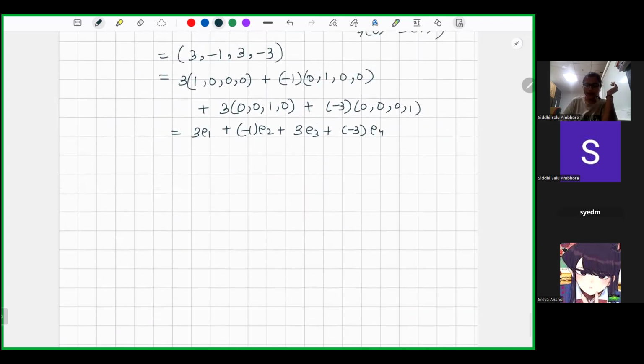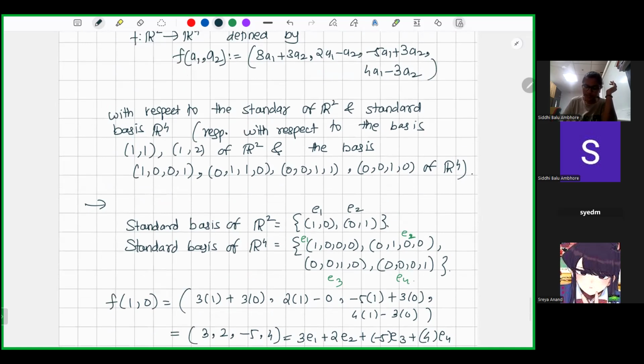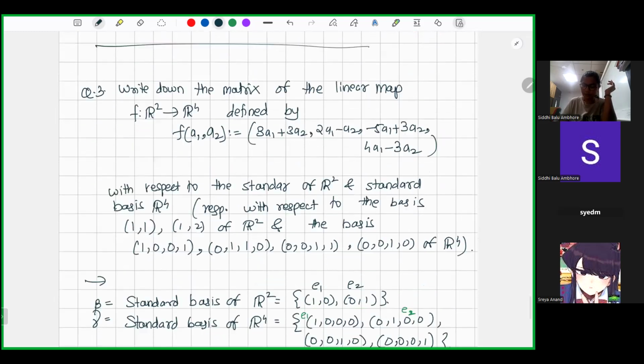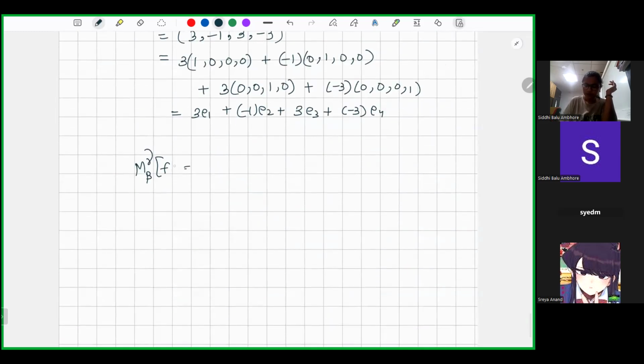And when I write the matrix M, if I call this basis beta and this gamma, this M beta gamma of my linear transformation F will again have F of E1, F of E2, and corresponding here will be coefficients of E1, E2, E3, E4. Let me write this in green color because these E1, E2, E3, E4 are different from the E1, E2 here.